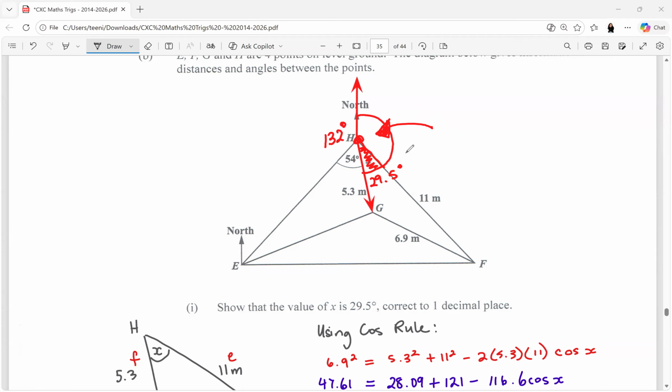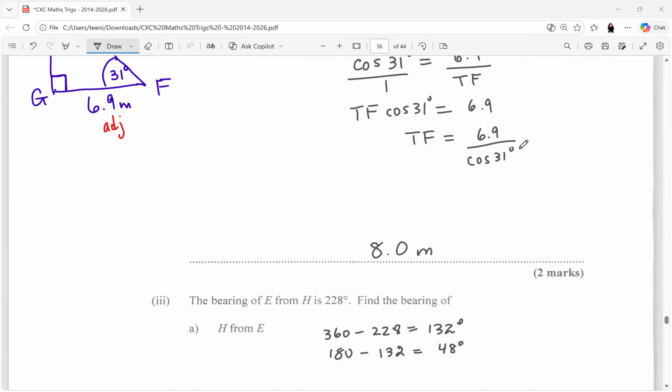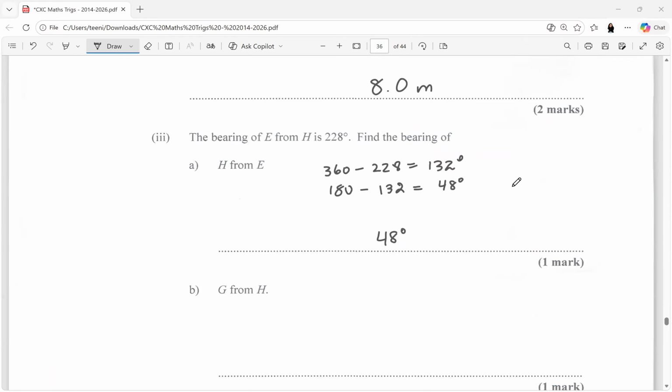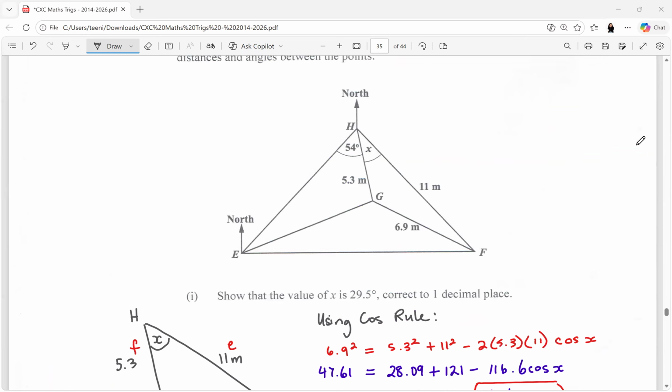oh, well, actually, we know what E from H is, so let me erase this. They gave us E from H, that was 228. So this whole angle on the outside here is 228 degrees, and we know that here is 54 and here is 29.5.